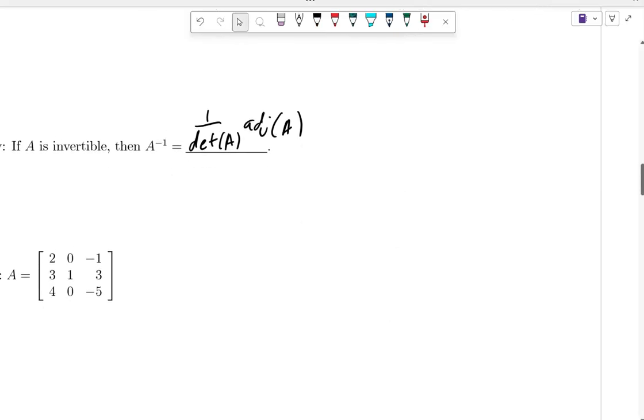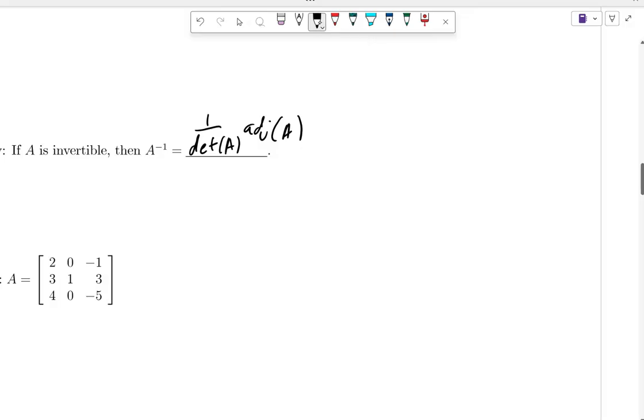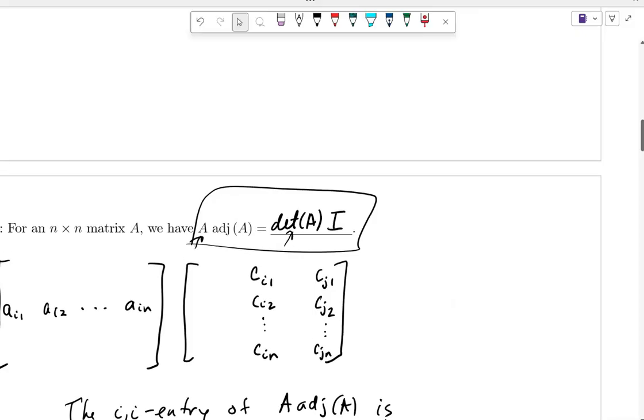So, in the previous example, we found the adjoint. Let me go grab it so I don't have to rewrite it.